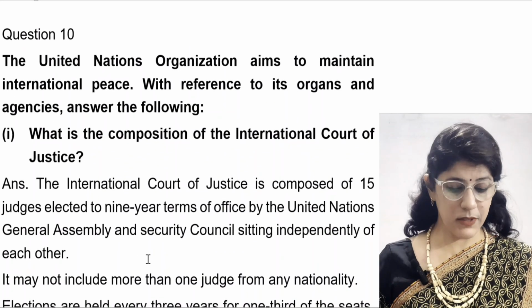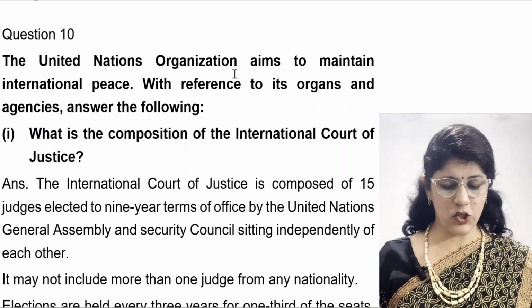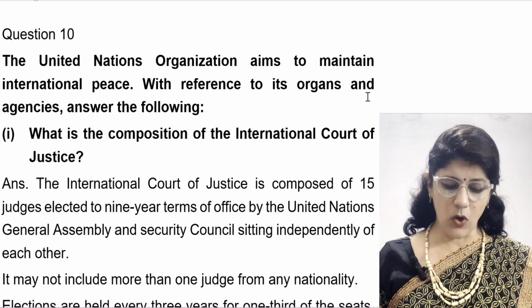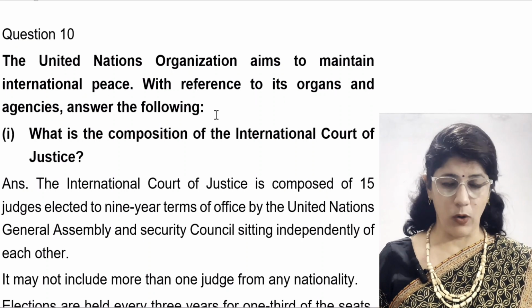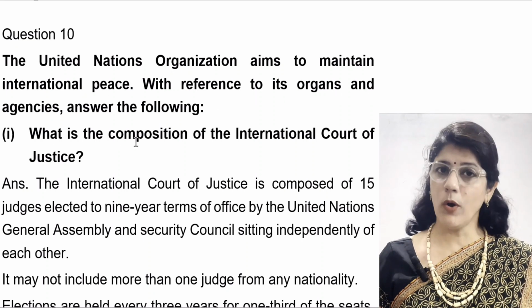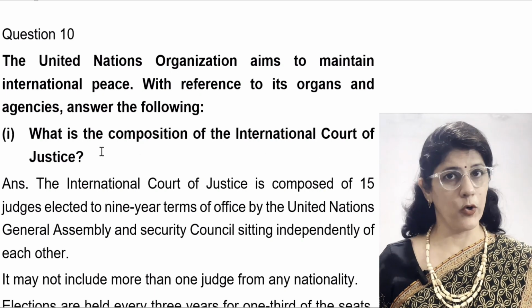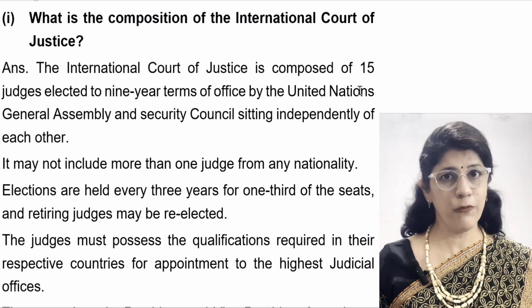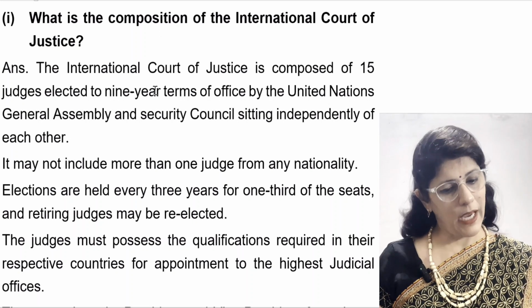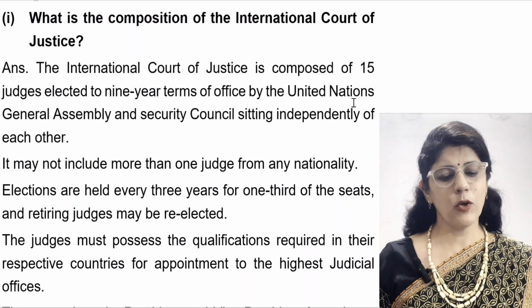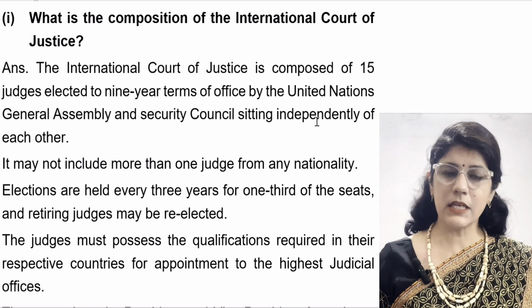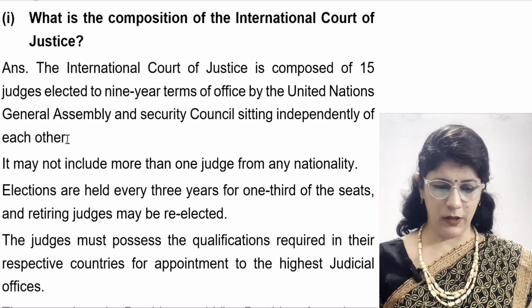In the last question, number 10, the United Nations Organization aims to maintain international peace. With reference to its organs and agencies, answer the following. Part 1. What is the composition of the International Court of Justice? The International Court of Justice is composed of 15 judges elected to 9-year terms of office by the United Nations General Assembly and Security Council sitting independently of each other.